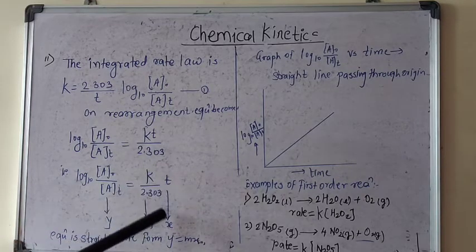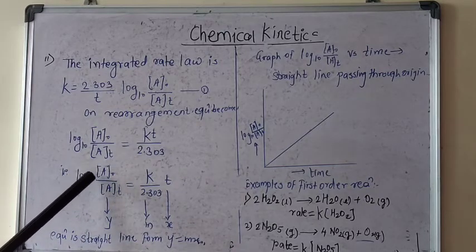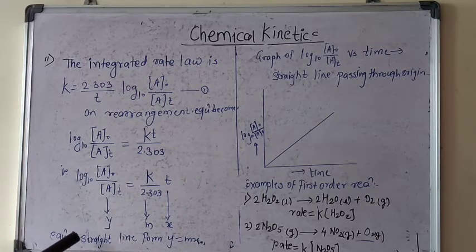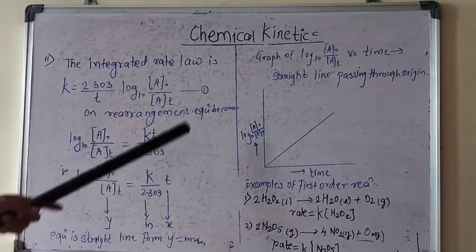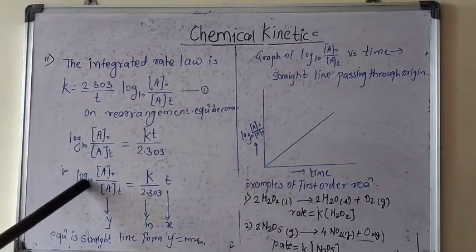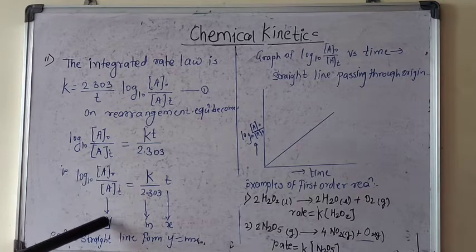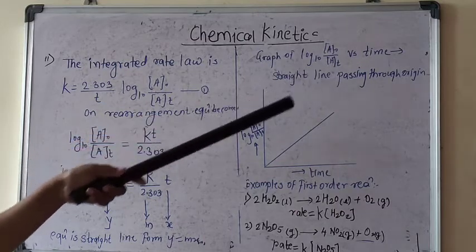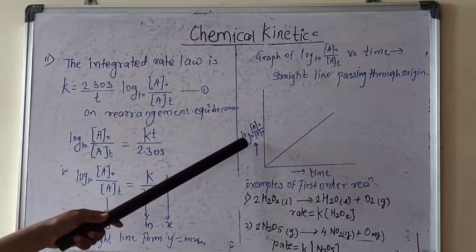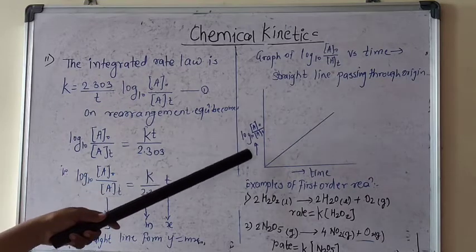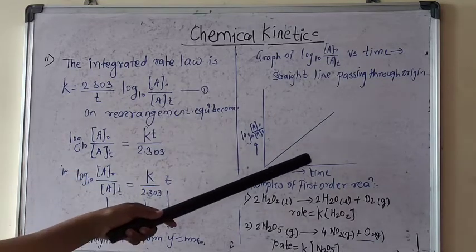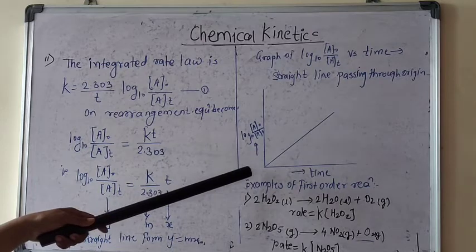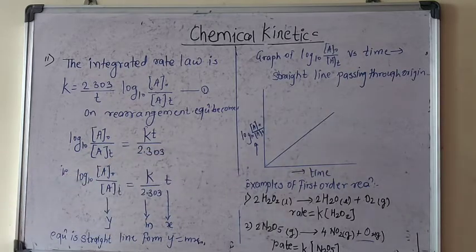So t is on the x axis and log to the base 10 A0 upon At is on the y axis. We get this equation in the form y equal to mx, which is a straight line equation. So when we plot the graph of log to the base 10 A0 upon At on the y axis against the time on the x axis, we get a straight line graph passing through the origin.